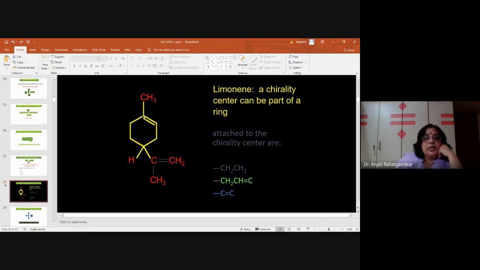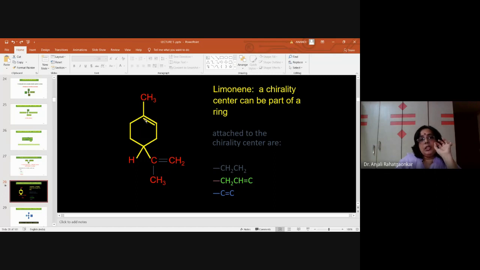This carbon is connected with CH3 and CH2, but it has a double bond. अगर डबल बॉन्ड है तो इसका मतलब ये होता है it has the same connectivity. Mean C is connected with one C and another C. Okay, so the two same carbon atoms are represented over here. So we cannot consider it in the chirality.